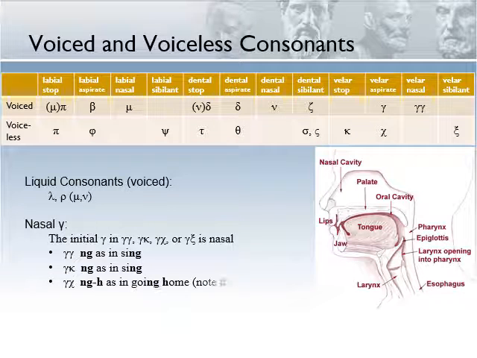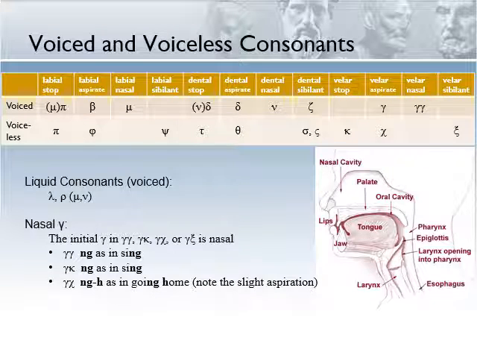Now, if you have a gamma coming immediately before a letter chi, the first gamma will be pronounced ng, and you will still hear the chi as an aspirated velar. So it's a ng, like the combination of ng and then the h in the phrase going home.